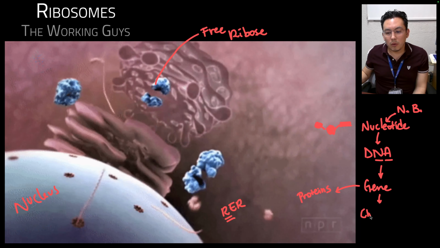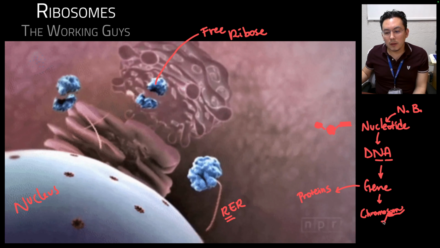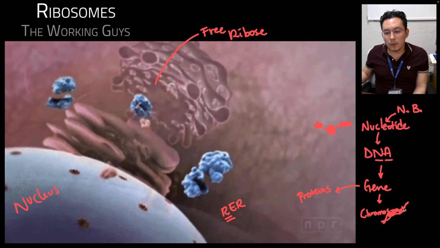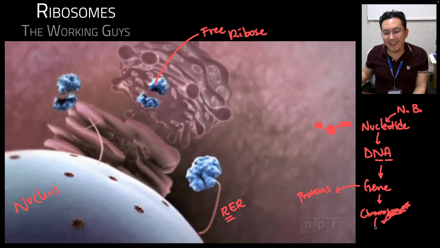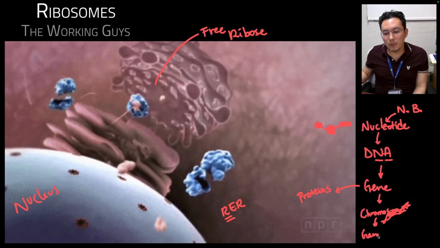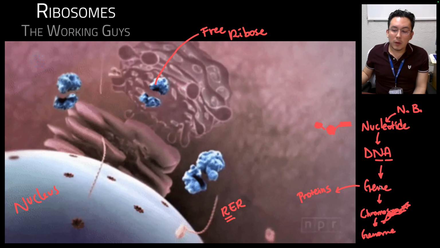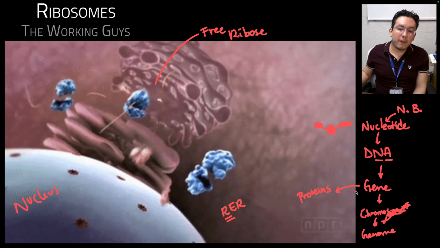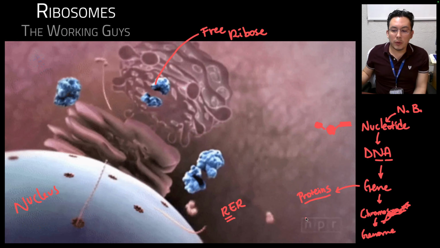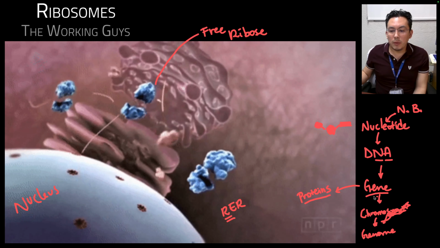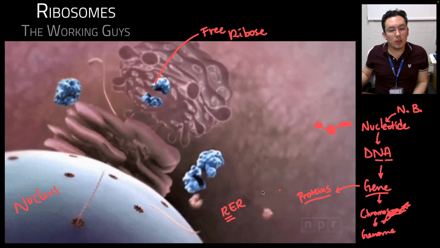Gene, the chromosome, and the genome, right? So from genes, we actually can have a specific code to make what we call the protein. So this relationship between DNA, gene, protein is today's mission.